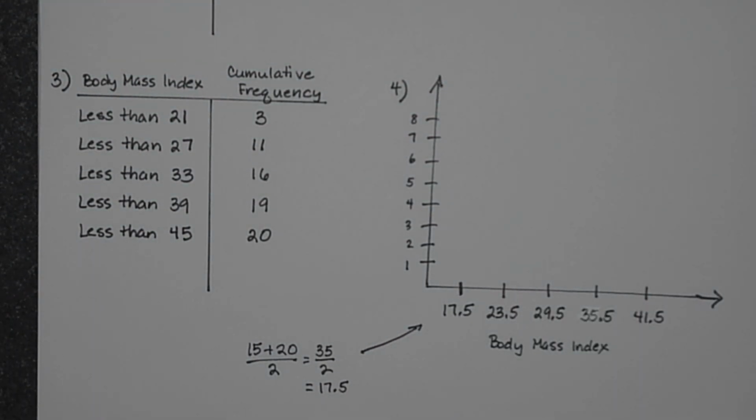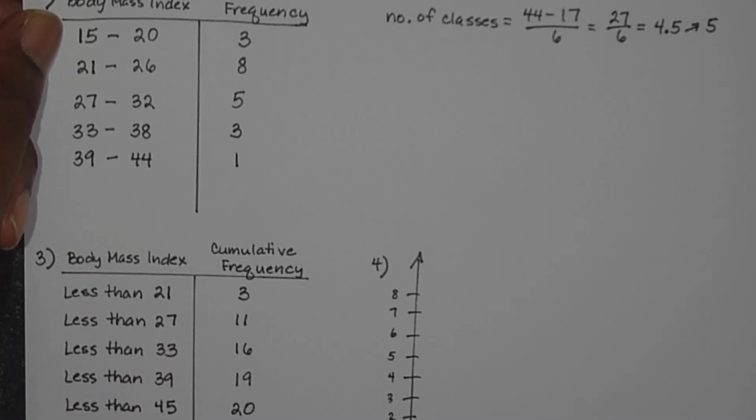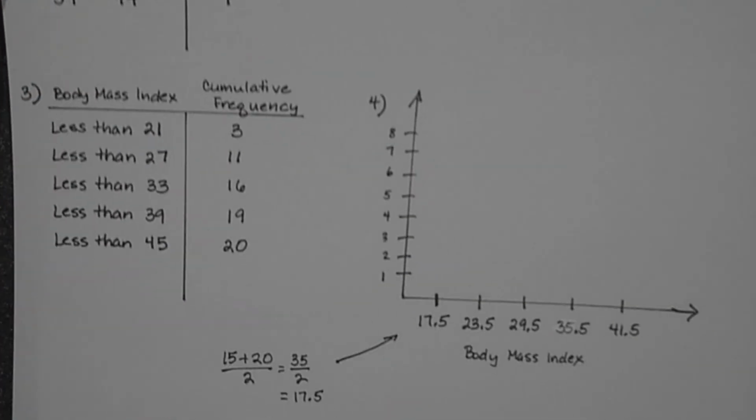Okay. So if we look at what we got in problem 2 for that frequency distribution, we can see that 17.5 is for the 15 to 20. And that frequency there is 3.